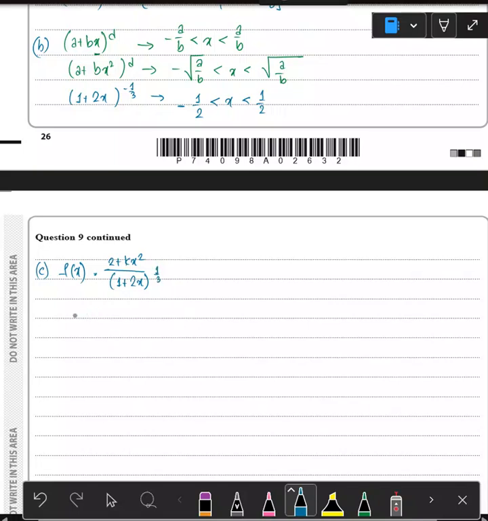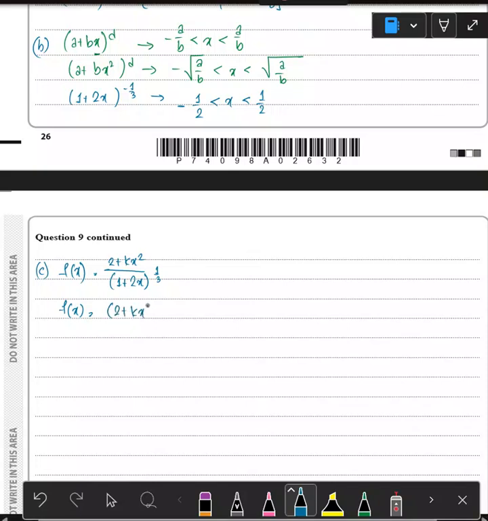So here we are asked to expand. The first thing that you do for this type of question is that you break this fraction and then you bring the denominator to the numerator. The denominator here is 1 plus 2x to the power 1 by 3. If you bring that to the numerator, then everything will be the same.